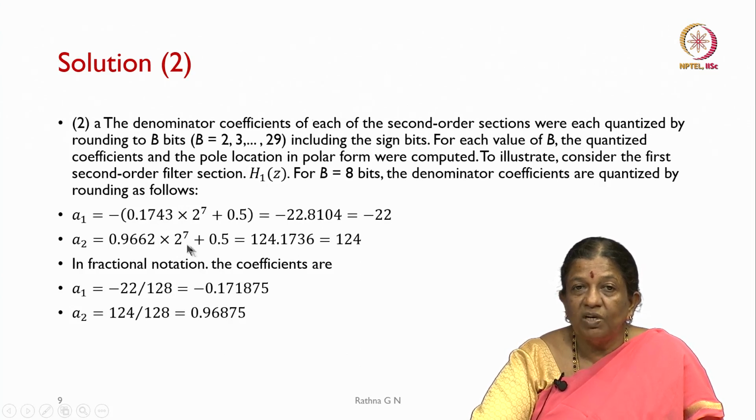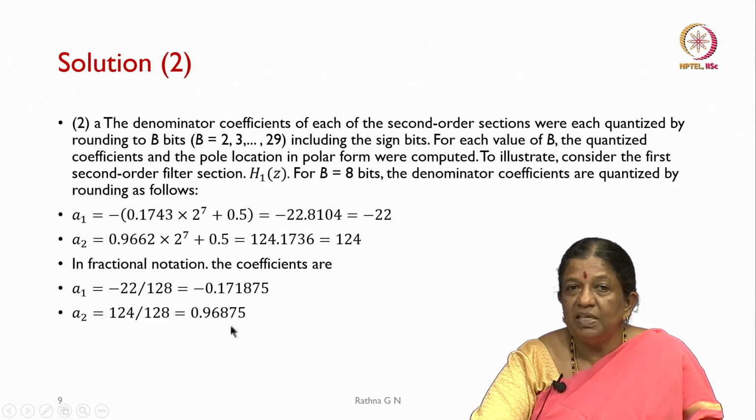So, you have seen, I think, something triggering in your mind. The coefficient quantization has already happened with 8 bits. 0.1742, 0.171, what it has got reduced in this case. So, A2 will be becoming 0.96875. The original was 0.9662.